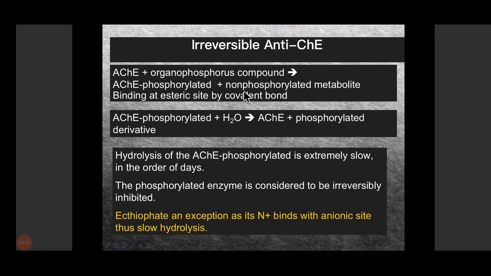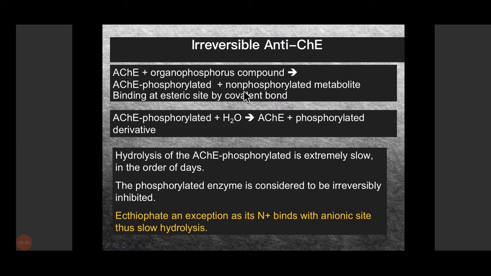In this group of organophosphorus compounds, ecothiophate is an exception as its nitrogen binds to the anionic site and causes slow hydrolysis. So ecothiophate is the only organophosphorus compound which is non-polar.